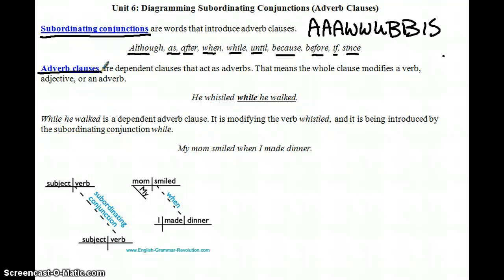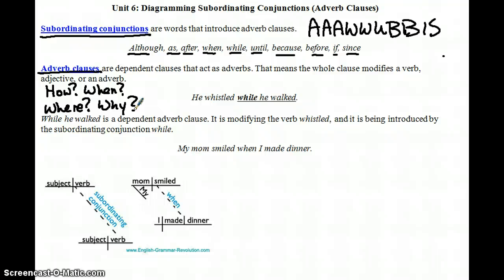Remember, adverbs answer the question how something was done, when, where, or why. Those are the 4 adverbial questions. And you'll see that when these AWUBIS words are placed in front of a clause, the entire clause answers one of those 4 questions about the independent one. So it's acting like an adverb.